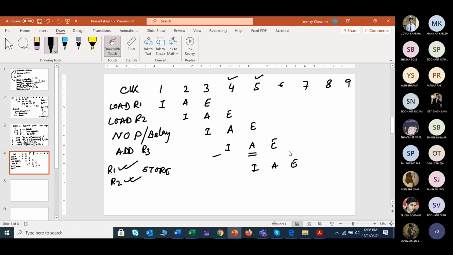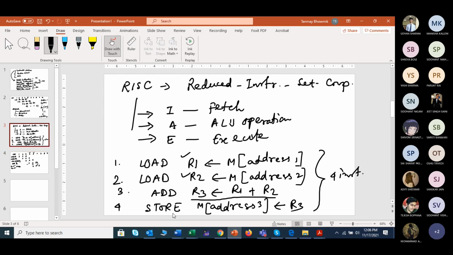Now you can ask, will there not be any conflict? Because it was being executed and you are trying to use the arithmetic operation again. This question can also be raised. The answer is no, because you can see the last instruction is only a store, so no addition or any logical operation is being done, right?